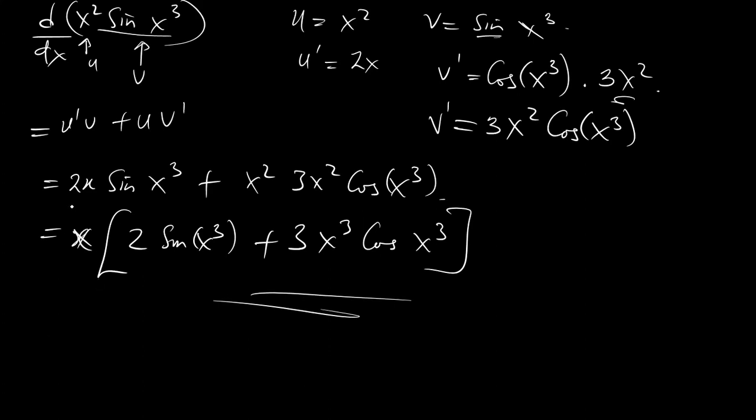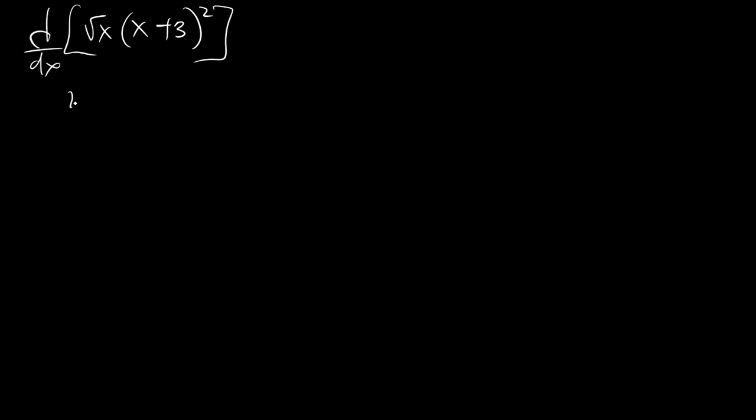Let's now work out another one. Let's say you're given the derivative of the square root of x into x plus 3, all squared. Now you have your u to be square root of x and you have your v to be x plus 3 all squared.